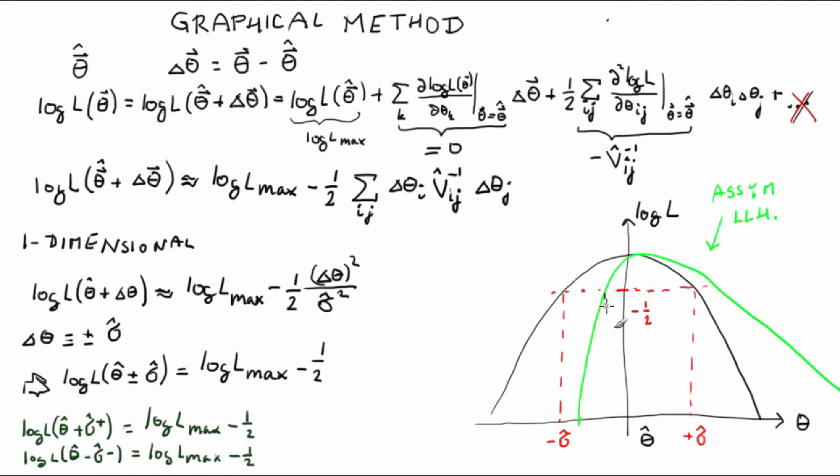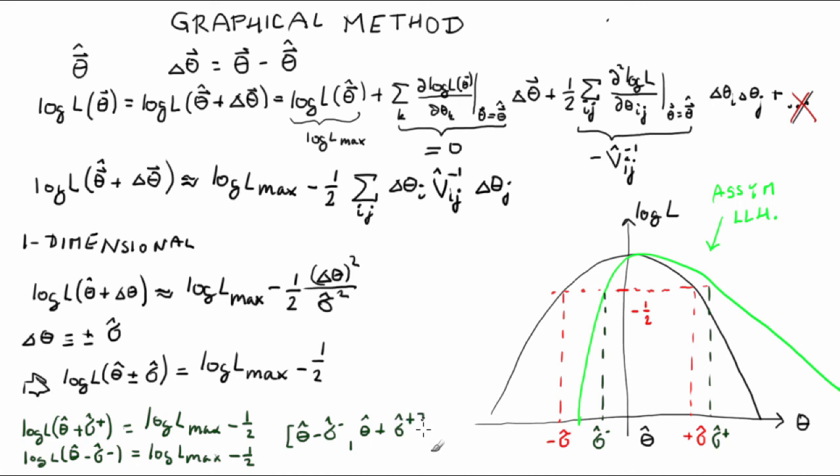The numbers sigma hat plus minus are often called asymmetric uncertainties, and the corresponding asymmetric interval is simply theta hat minus sigma hat minus to theta hat plus sigma hat plus.